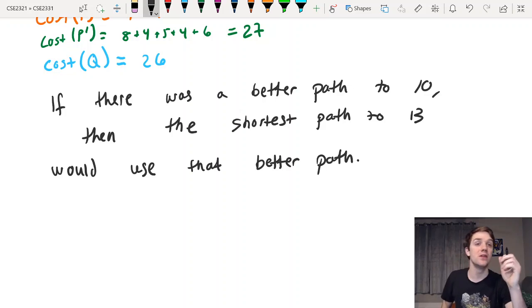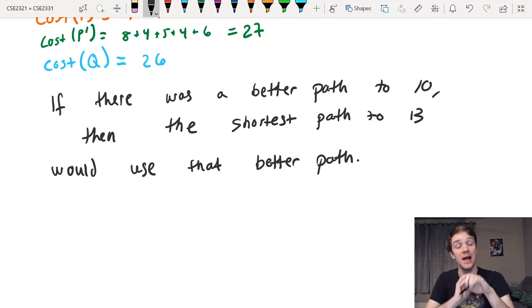So for one of the nodes adjacent to the endpoint, if there was a better path, we would choose that better path and then take the last edge over to the last node. We will write this down later as a theorem, but this is a useful idea.